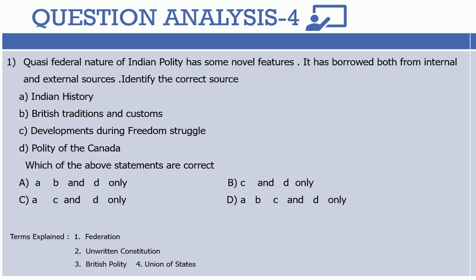Whereas in normal circumstances, all the states derive their powers from the constitution. And in framing this quasi-federal state, which are the sources that inspired the constitution makers, or that they have taken into consideration while framing the quasi-federal structure?